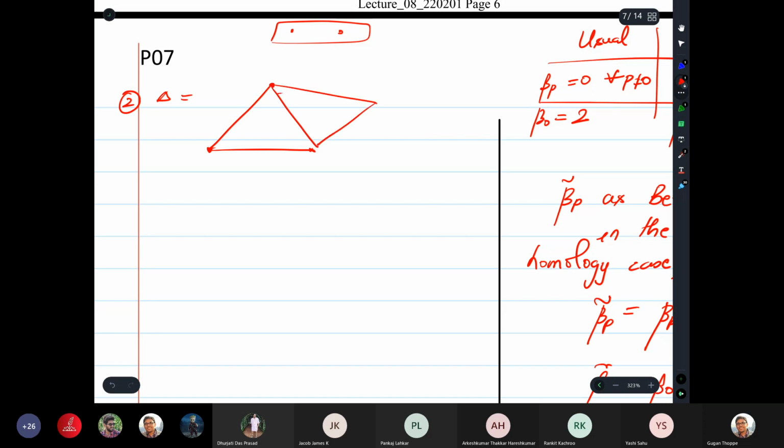Let's say it has something like this. Let's say this is V0, V1. I'll not call these V0, V1, V2; I'll just call them 0, 1, 2, and 3. And this triangle is present.